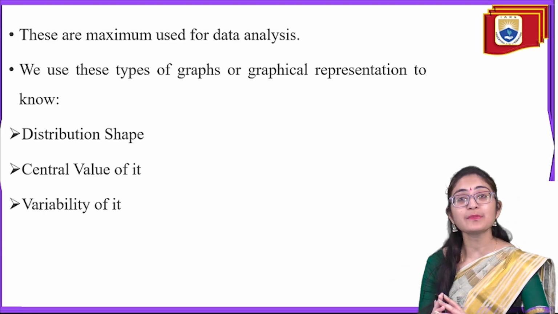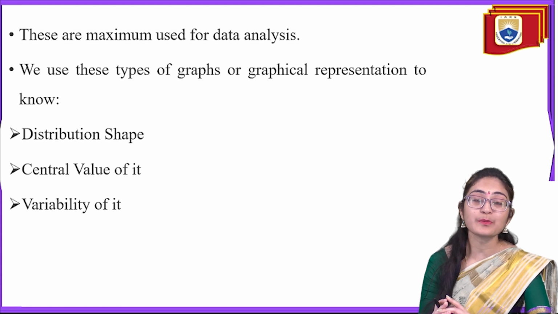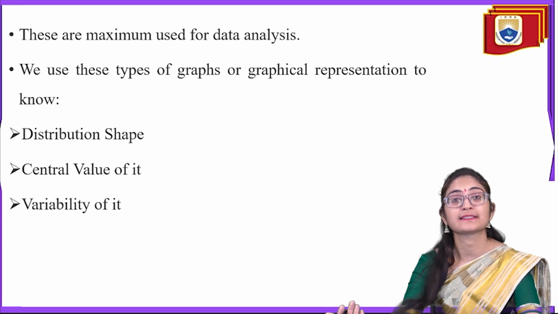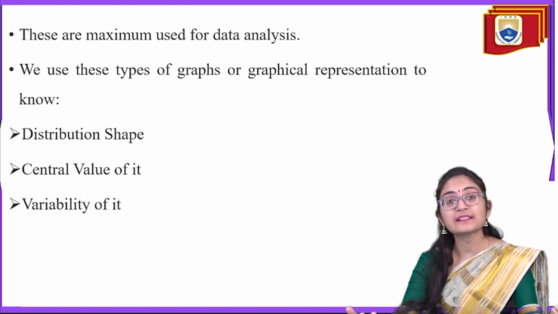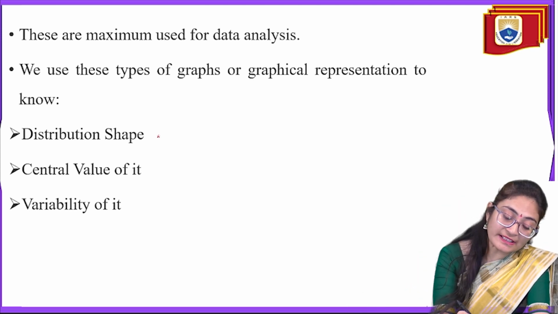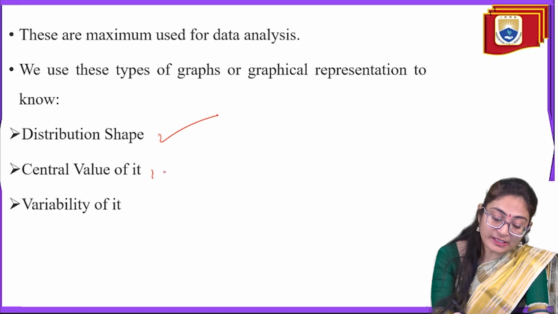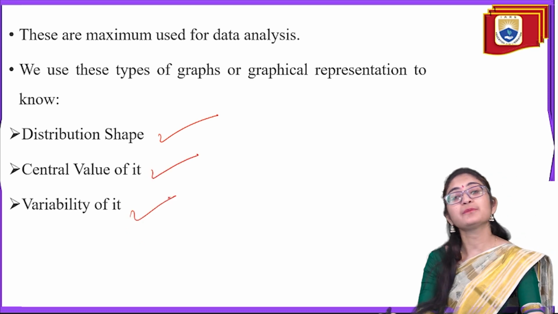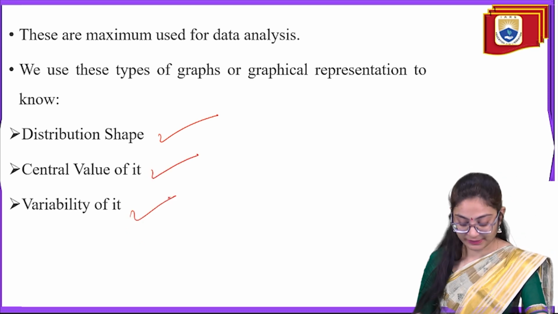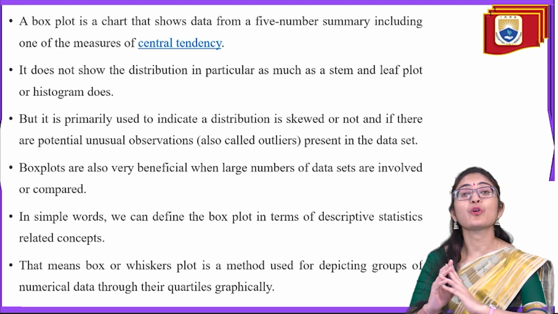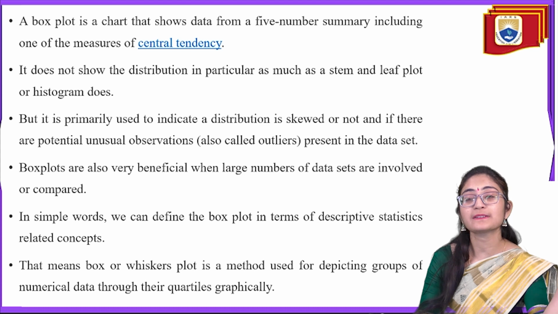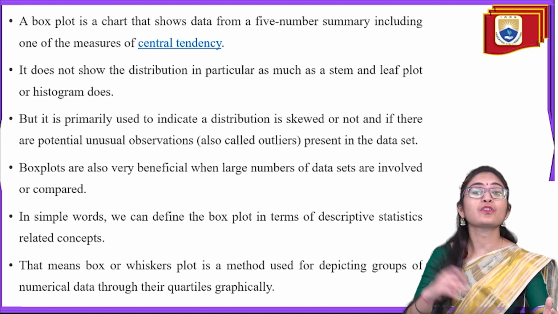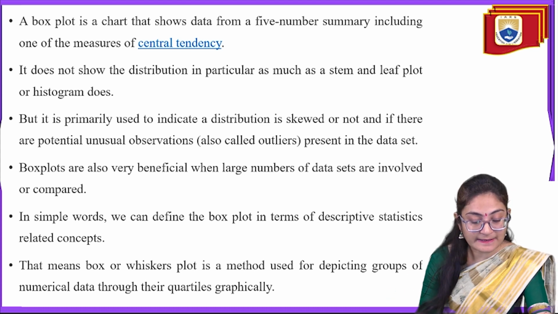These are maximum used for data analysis. We use this type of graphical representation to know the distribution shape, the central value of it, and the variability of it. Actually, box plot is a chart that shows the data from five number summaries, including one of the measures of the central tendency.